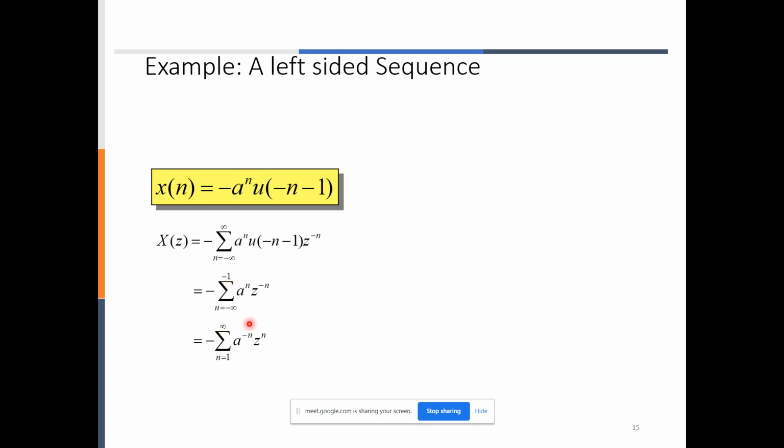Or simply, if we take the minus, it becomes summation of n from 1 to infinity of a to the power minus n z to the power n. So if you put this minus limit in this case, it will be considered like that.